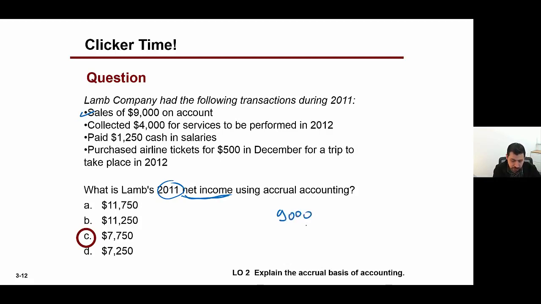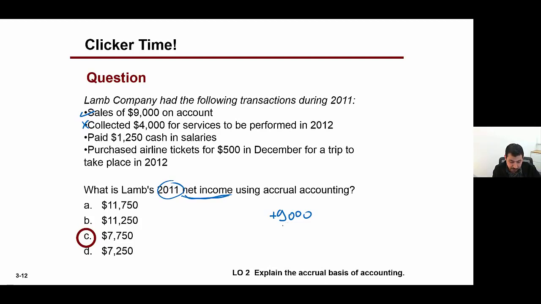So this is 9,000 plus 9,000. Collected $4,000 for services to be performed in 2012. So the services will be performed in 2012. As a result, we don't recognize them now, and we don't include them in the net income. Paid $1,250 cash in salaries.